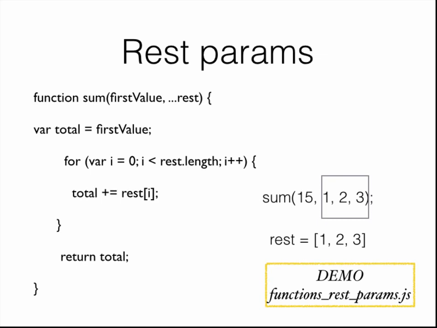I get the first value as a normal argument. And then for the rest, I put dot, dot, dot. This means that the first value will be matched to 15. The rest of these, as a collection, as an array, will be set to the value rest. Okay? So then I can just, like a normal array, loop over it and add it to the total.